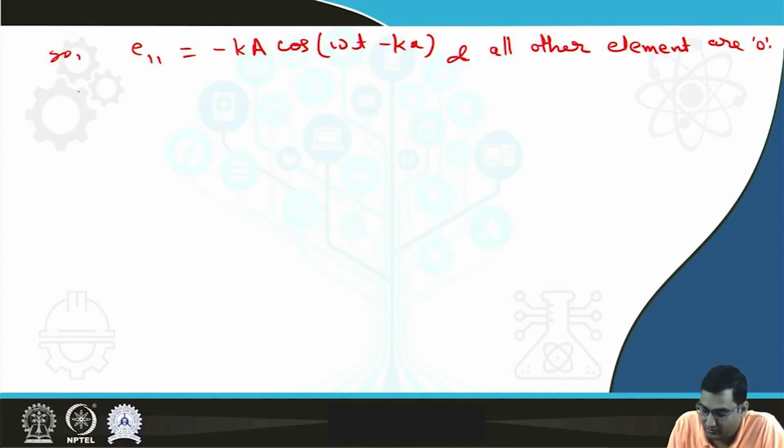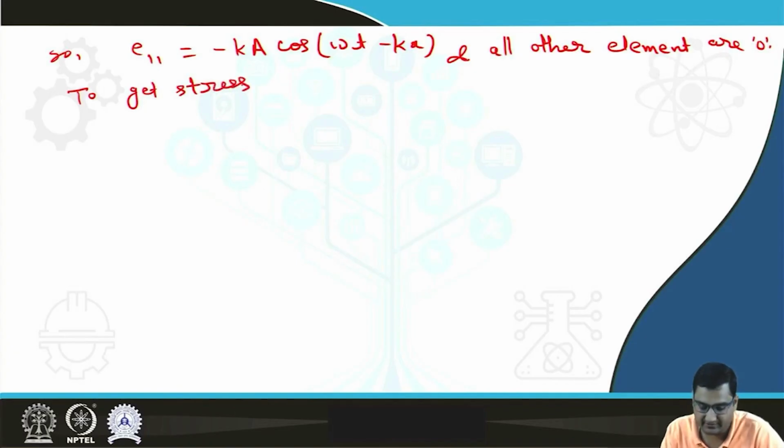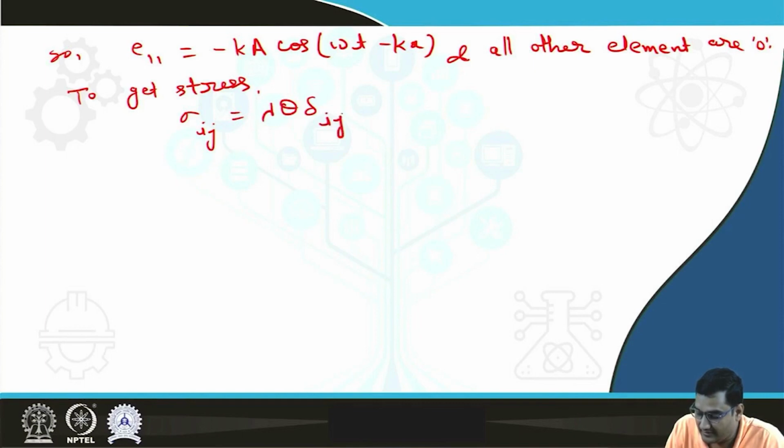To get the stress, we can use the relationship sigma ij is equal to lambda theta delta ij, where delta is the Kronecker delta function, plus 2 mu eij. There is no shear strain, so the only components we need to worry about are the diagonal components.